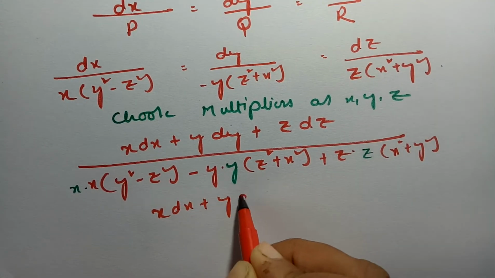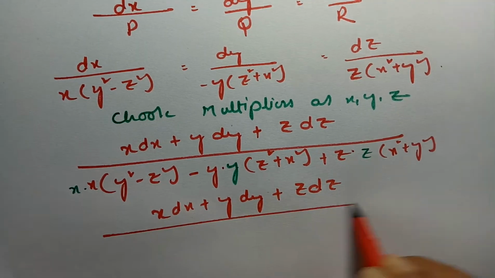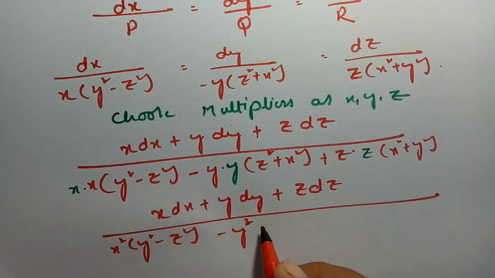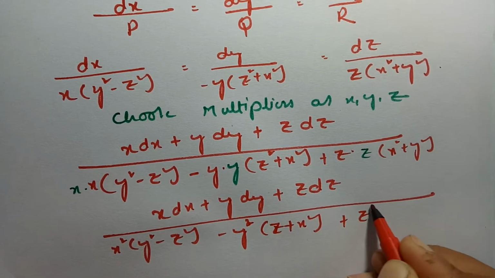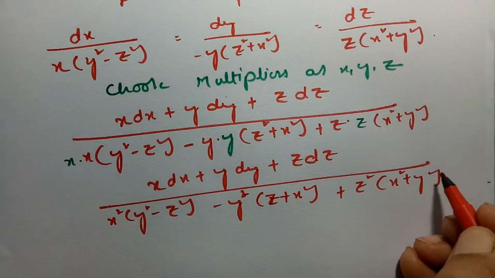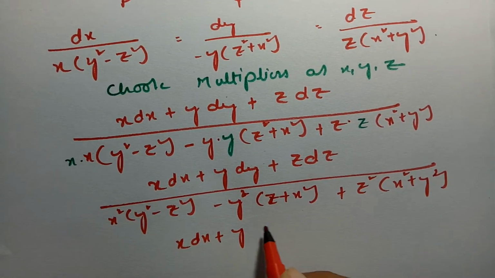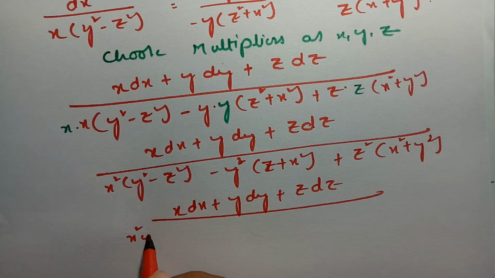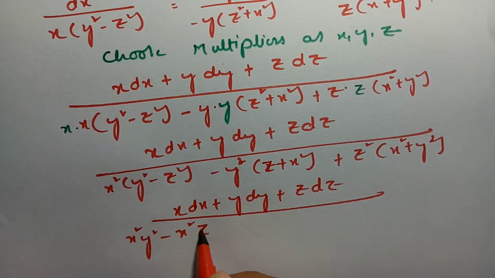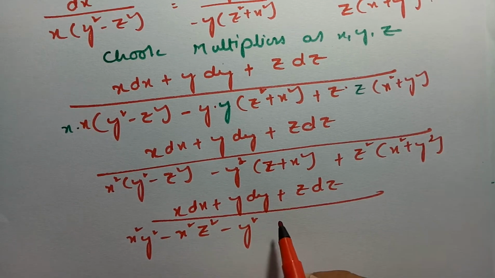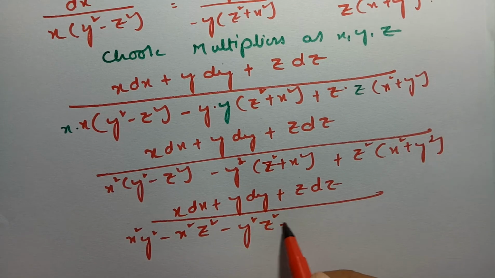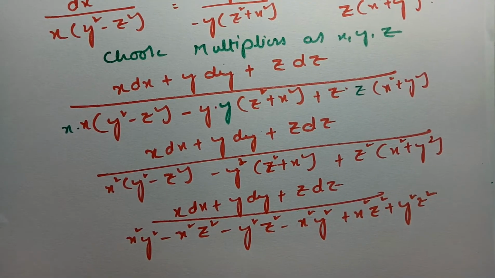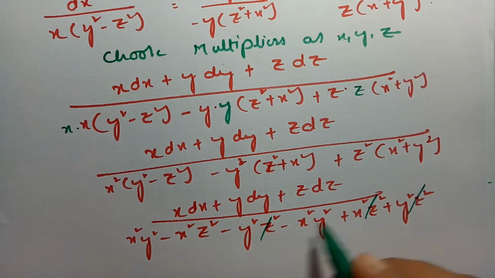That is x dx plus y dy plus z dz by, if I multiply, it will be x squared y squared minus x squared z squared, minus y squared z squared, plus x squared y squared. So this is plus and this is minus, and this is plus and this is minus.